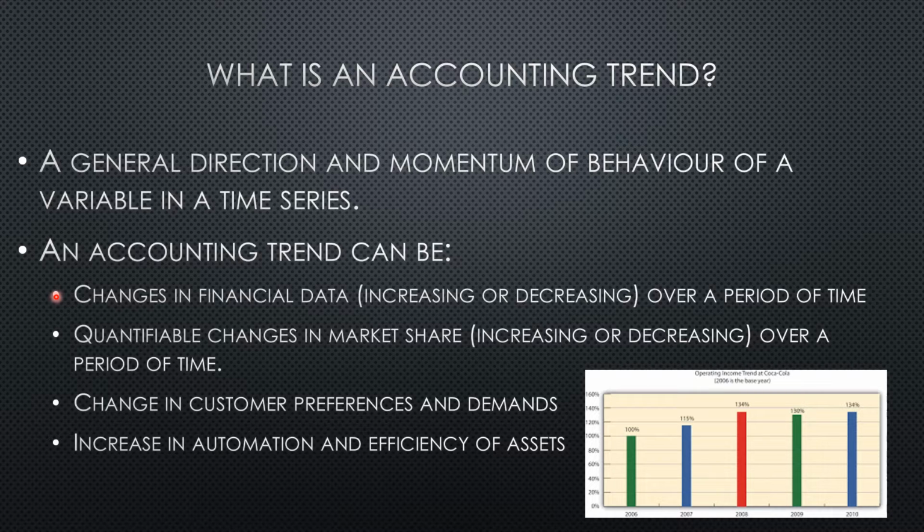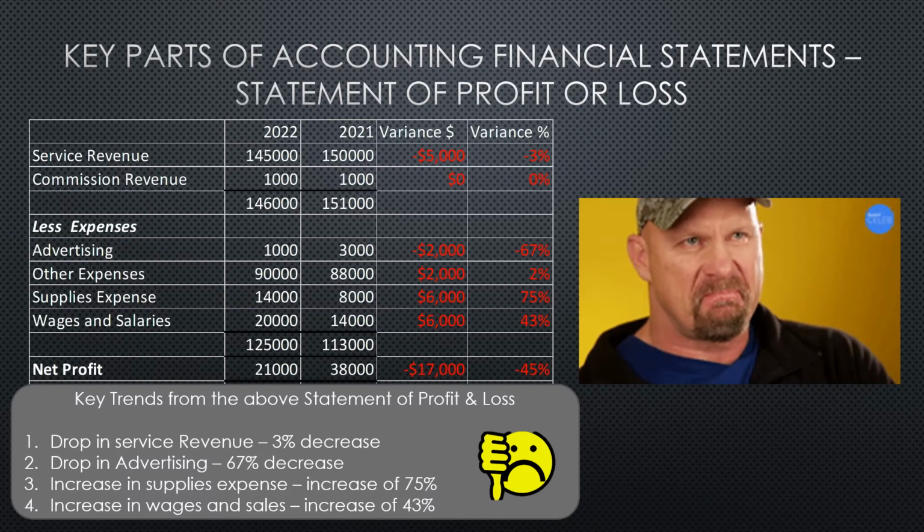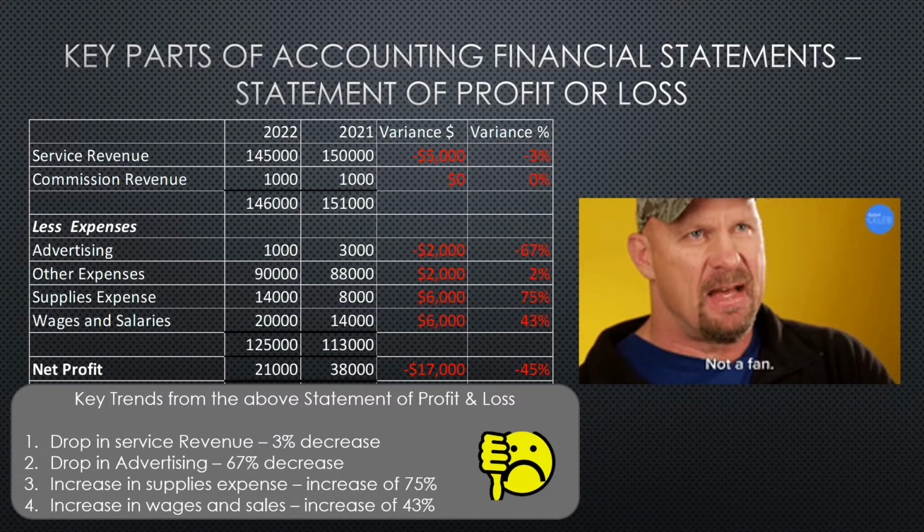In other words, changes in the most important accounts in the statement of profit or loss and the statement of financial position. Within a statement of profit or loss, there are some key accounts in which you will analyze and look at the trends. In the exam, you will have a variance trend, that will be a dollar trend and also a percentage trend.